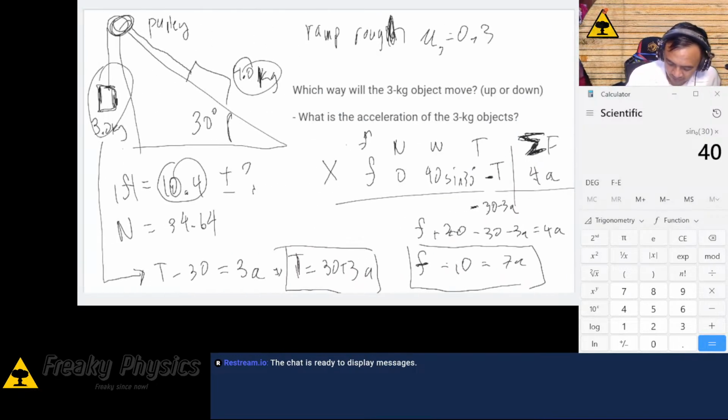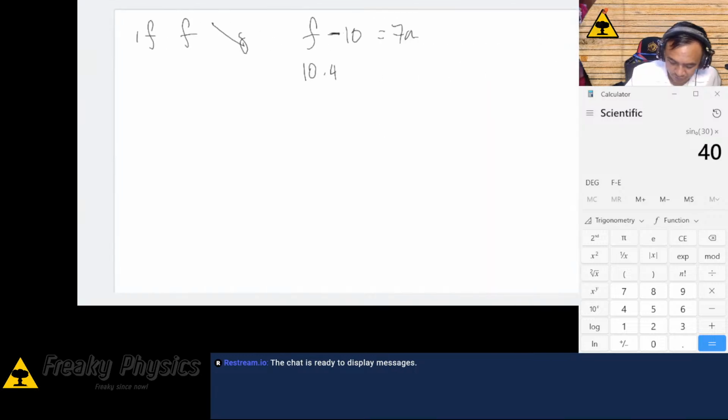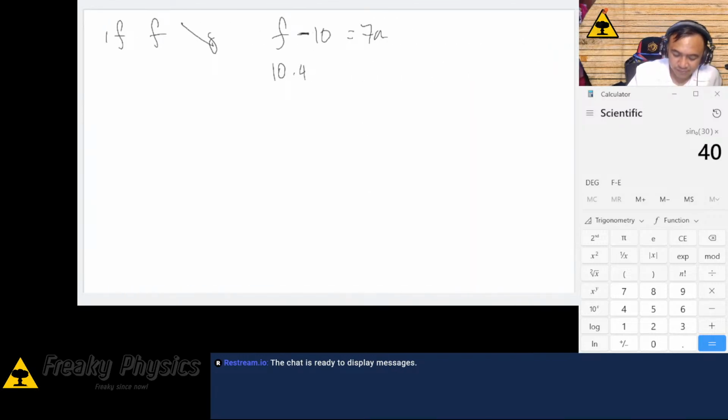Let's go back here. This is the F. This 20 is the whole 40 sine 30. Okay. And then, of course, this is the tension from here going in here. All right. So if F is going this way, then F is positive.